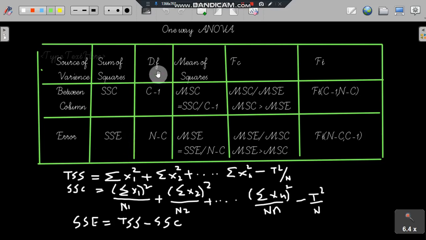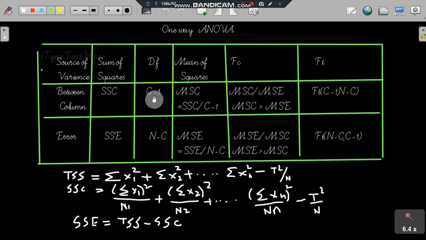Now coming to the third column, this is the degrees of freedom. For SSC, the degrees of freedom is C minus 1, where C is the number of columns in the given problem. The given problem consists of columns and rows. How many columns are there?